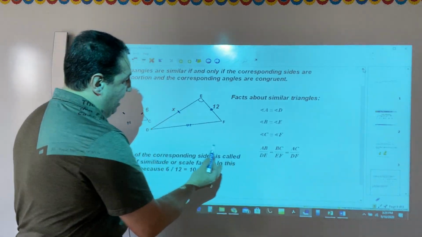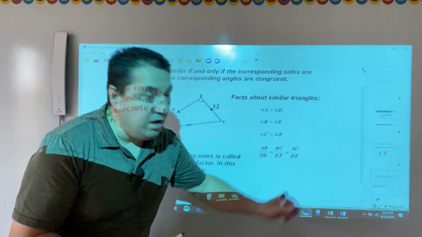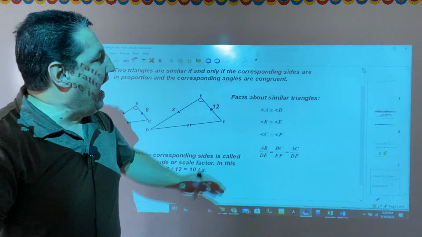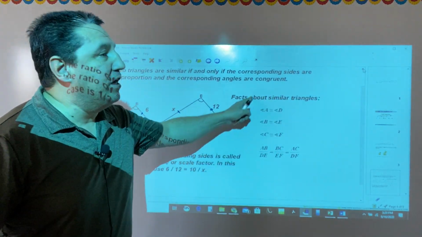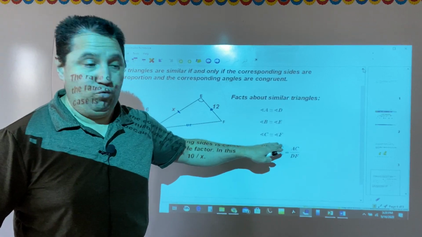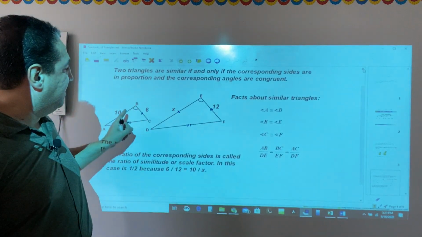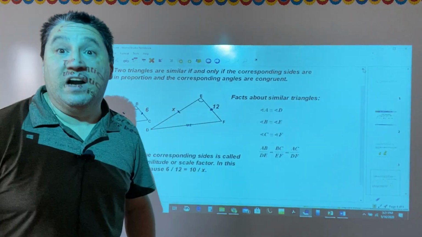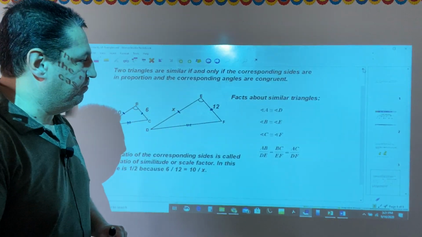Now, if all of these ratios are equal, and these corresponding angles are congruent, then we can say triangles ABC and DEF are similar.